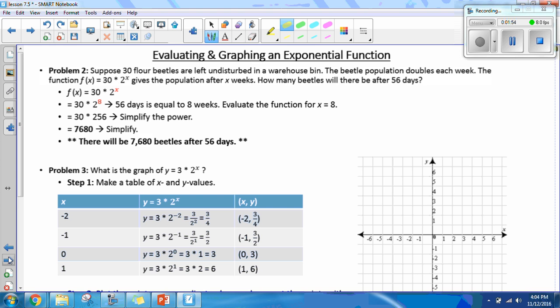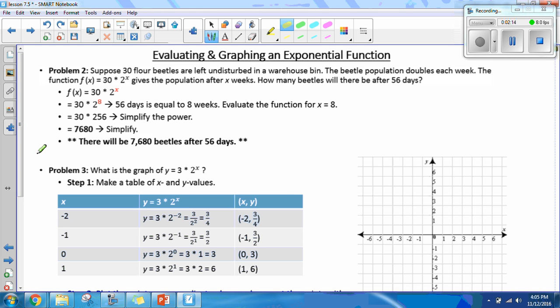Problem 2. Suppose 30 flower beetles are left undisturbed in a warehouse bin. The beetle population doubles each week. The function f of x equals 30 times 2 to the x power gives the population after x weeks. How many beetles will there be after 56 days?